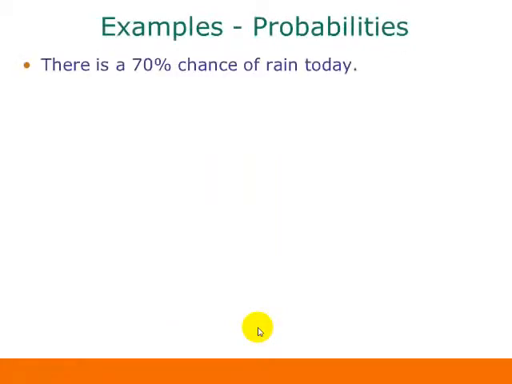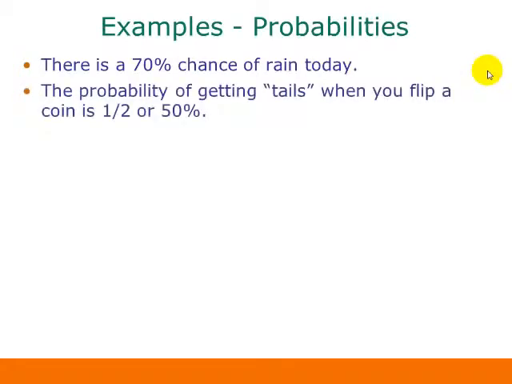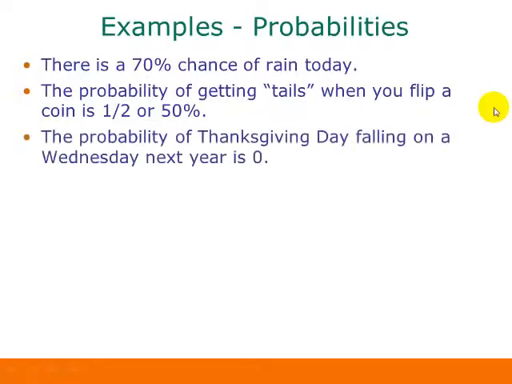Here's some examples of basic probabilities, and these are ones that we might hear about or see a lot. For example, there's a 70% chance of rain today. The probability of getting tails when you flip a coin is 1/2, or 50%, assuming that the coin is fair. The probability of Thanksgiving Day falling on a Wednesday next year is 0.